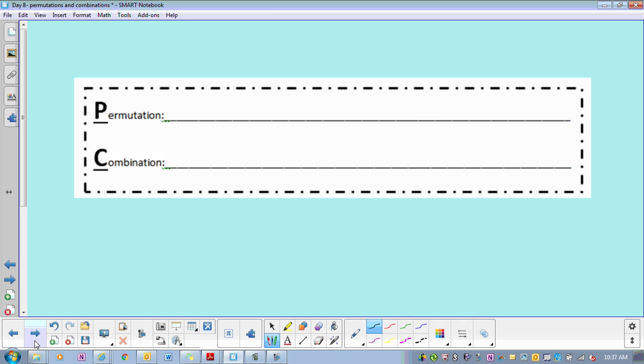Okay. So here's where we talk about something called permutations and combinations on the next page. Permutations, if you can see there, the P is underlined, yes? For this, think P, think place. For this one, guys, the order matters.